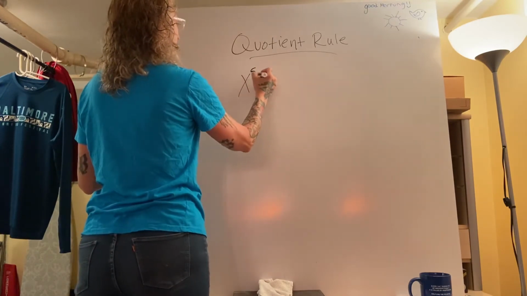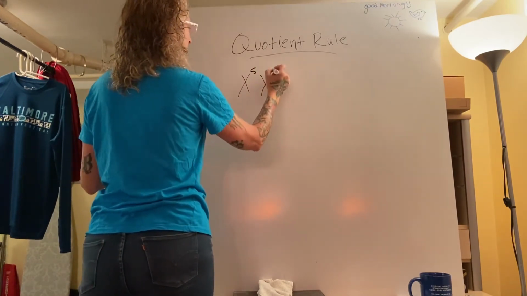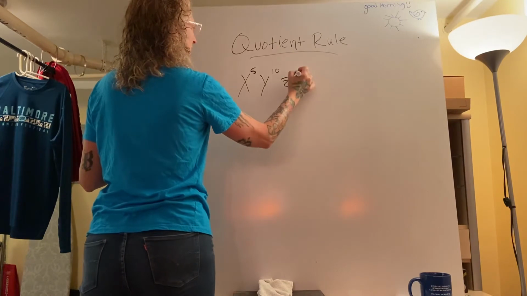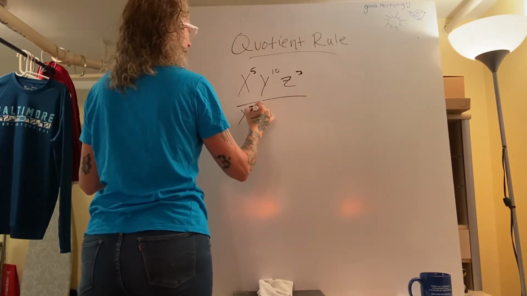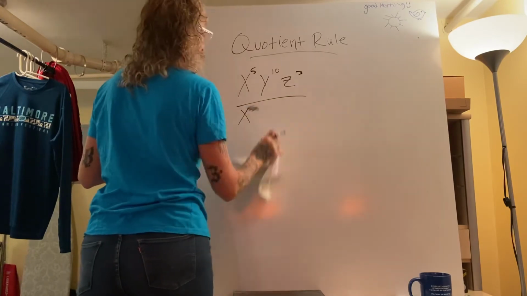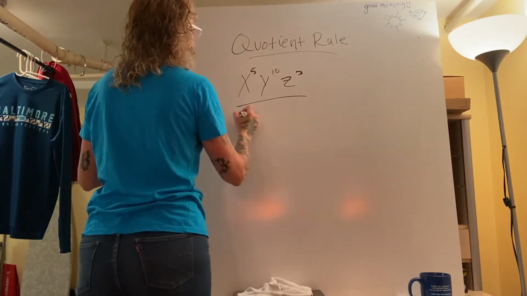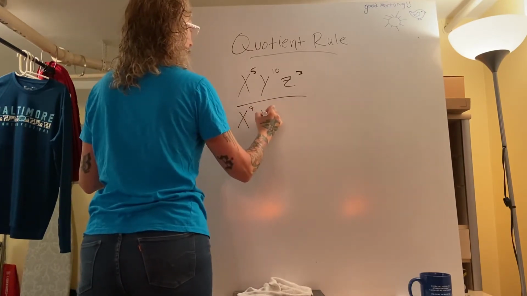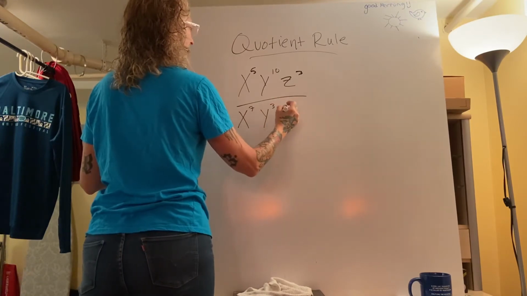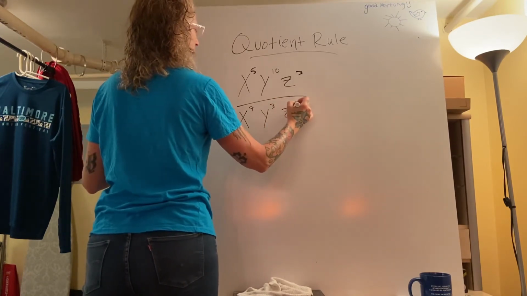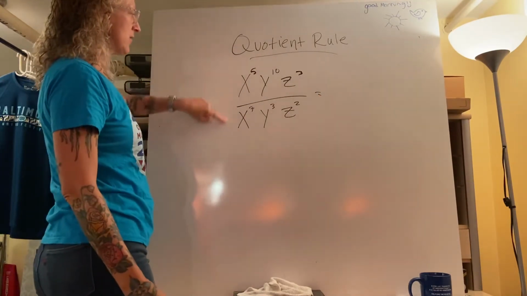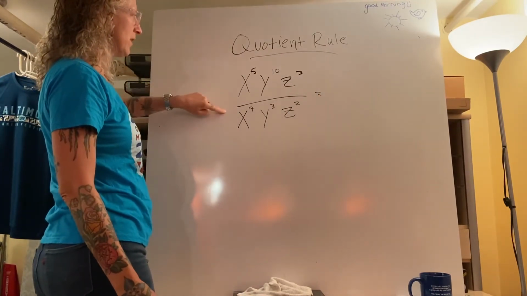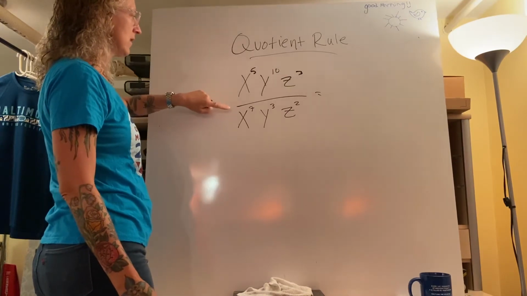All right, so if I have x to the 5, y to the 10, z to the third, divided by x to the 7th, y to the third, z to the second, okay? So look at your x's first. Which one is bigger, 5 or 7? 7.